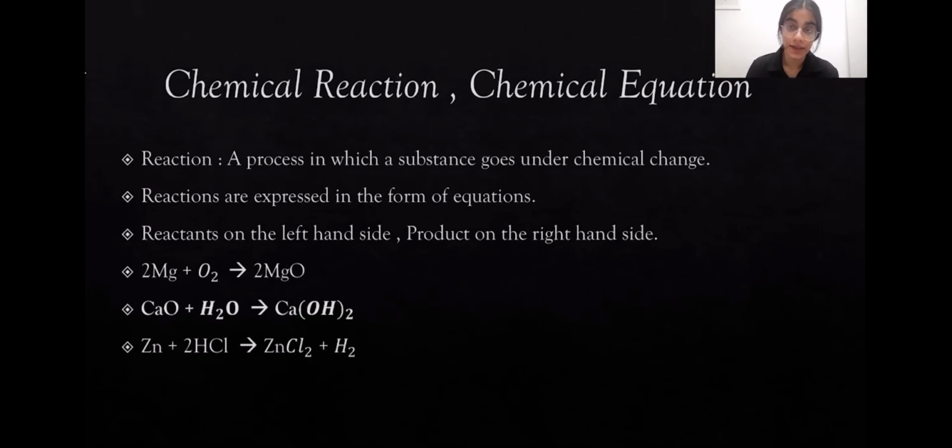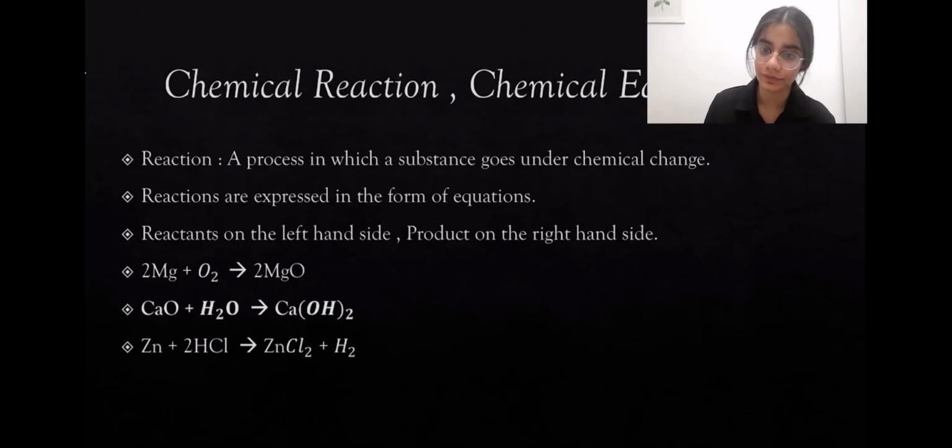Third example, zinc acting with dilute hydrochloric acid leads to the formation of ZnCl2, which is zinc chloride, and leads to the liberation of hydrogen gas. Zn and HCl are the two reactants on the left hand side, and ZnCl2 and H2 are the products formed, on the right hand side.